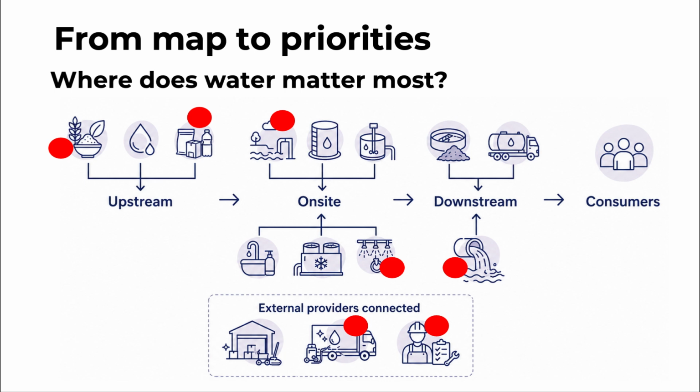Then let's focus on on-site. On-site is probably the strongest area. Likely significant aspects are water abstraction and consumption, so water used for production, cleaning, sanitation, cooling, and utilities. Cleaning is often one of the biggest water users in beverage plants.